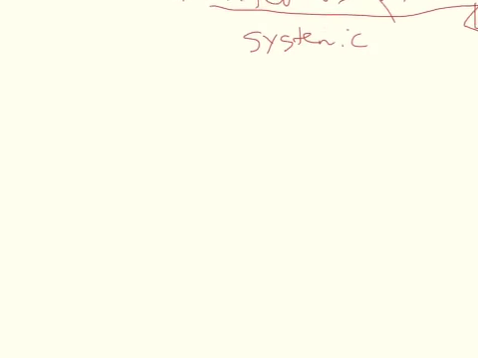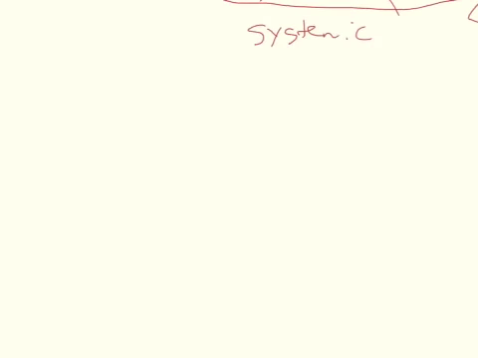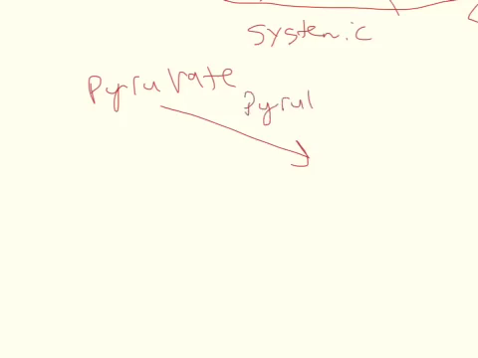So let's take a look really quick at pyruvate. So we've got pyruvate, and it can be acted on by pyruvate dehydrogenase, abbreviated PDH.